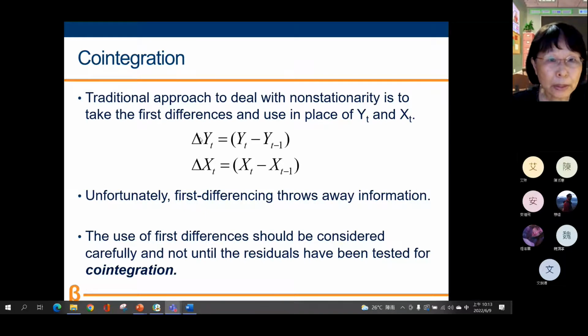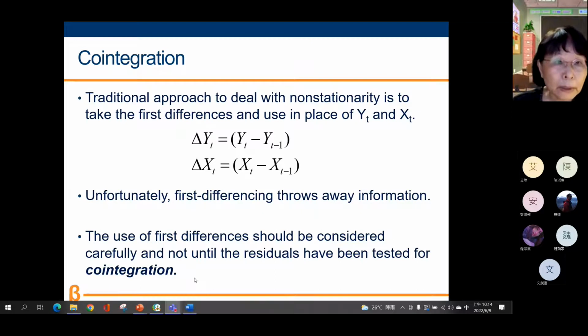However, if we use the first difference, it throws away information. This is not really what we wanted for Yt and Xt, since it takes the differences, so it is no longer the original level variables.